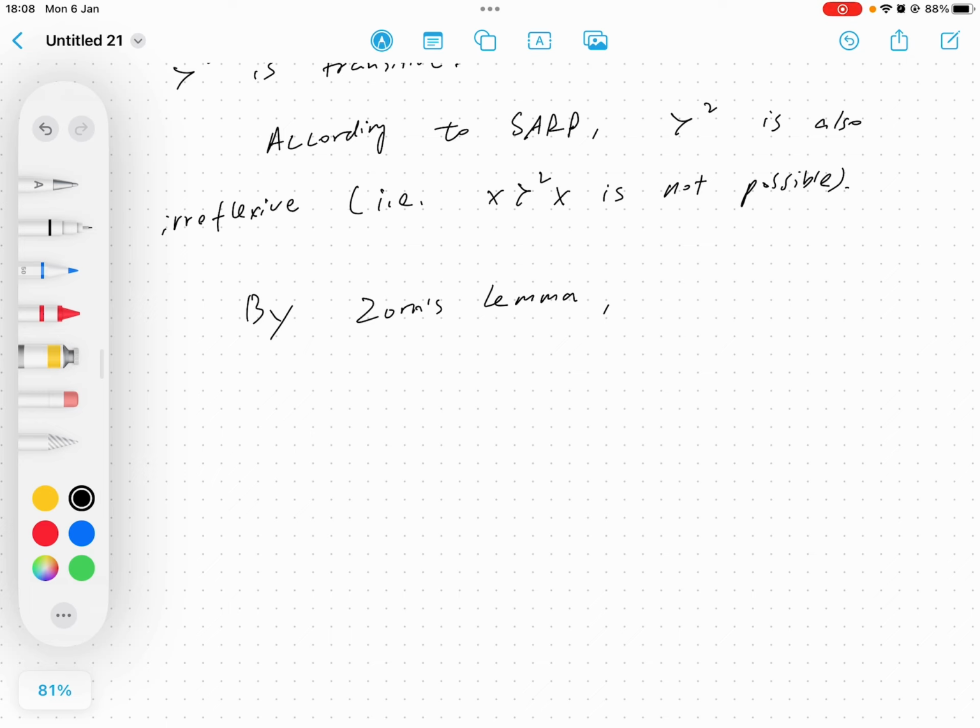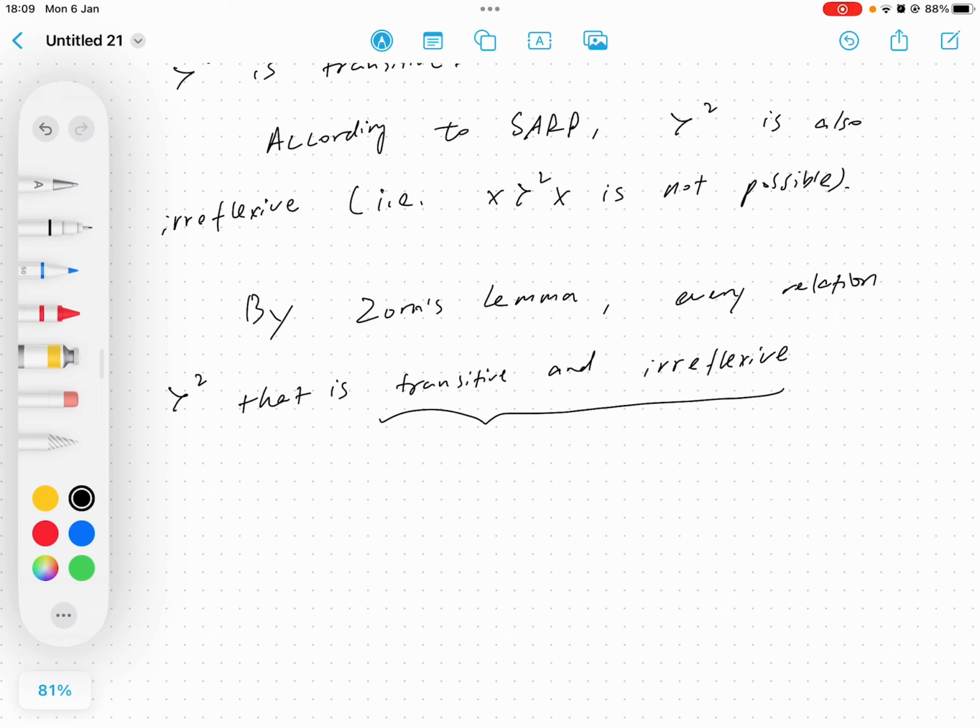It says that for every relation, here the second relation that we defined, that is both transitive and irreflexive, we can call this binary relation a partial order. We can often see this in some papers.